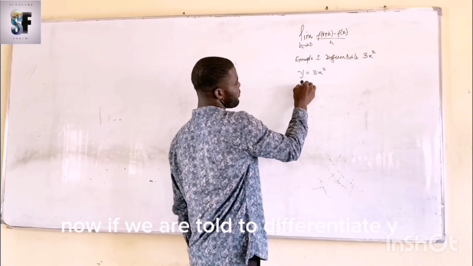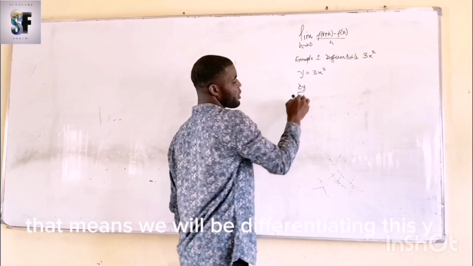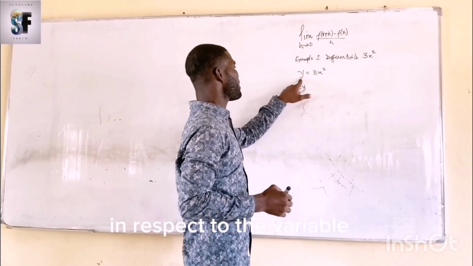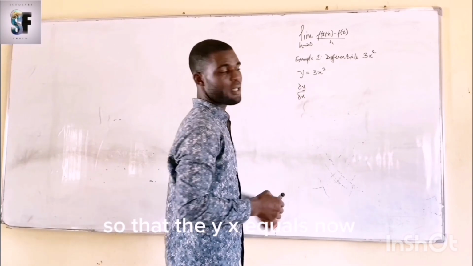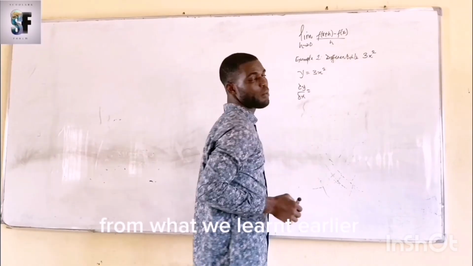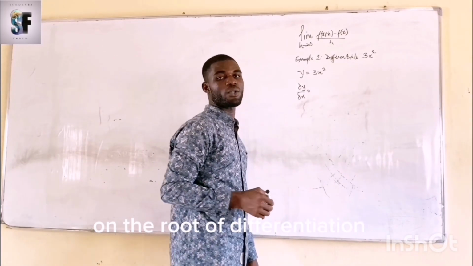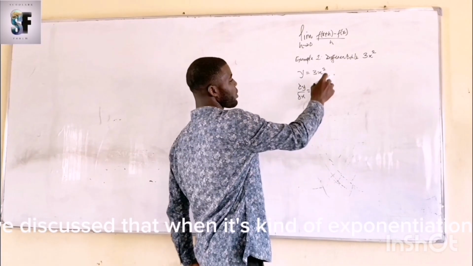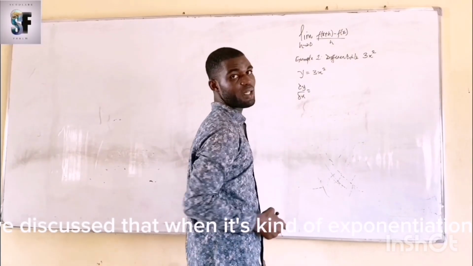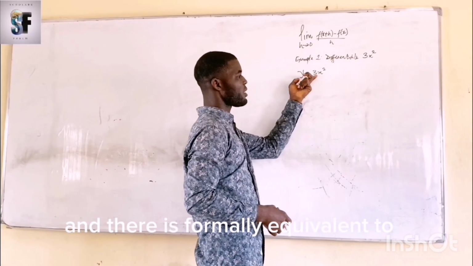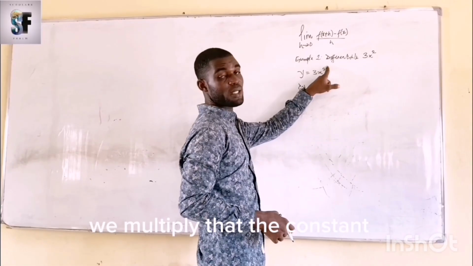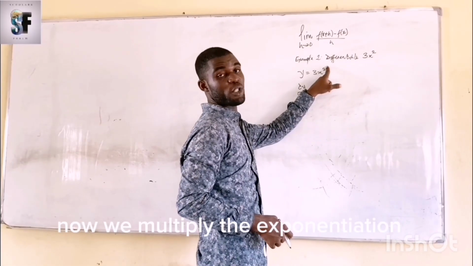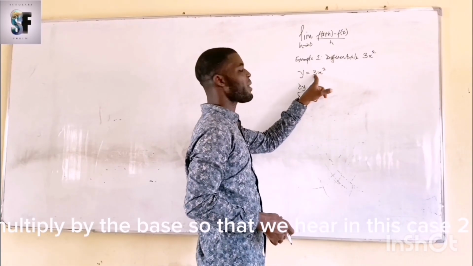Now, if we are told to differentiate y, that means we'll be differentiating y with respect to the variable it is carrying, x. So dy/dx equals. Now, from what we learned earlier on the rules of differentiation, when it's carrying an exponent and there is a coefficient of x as the base, we multiply the exponent by the base.